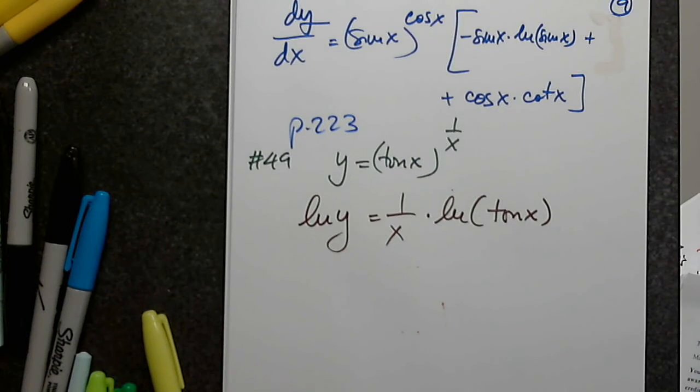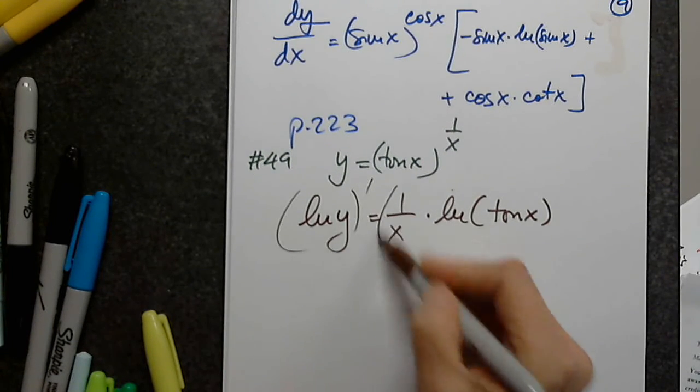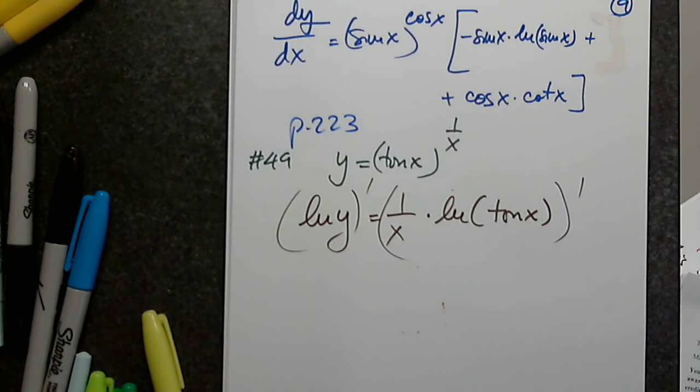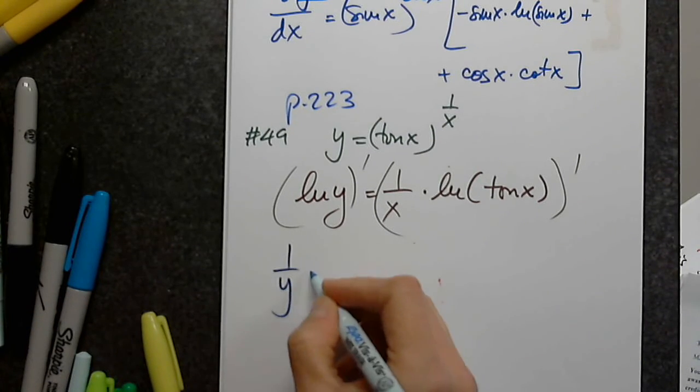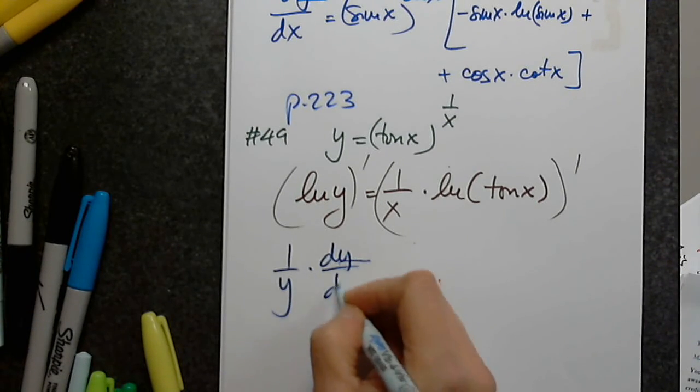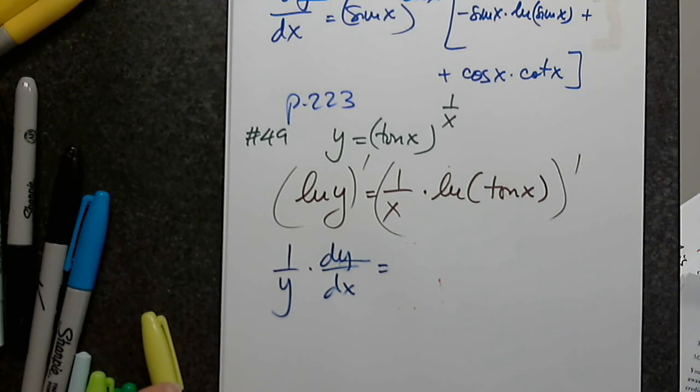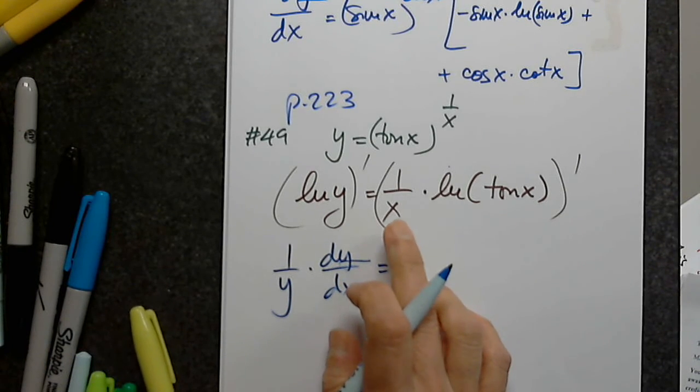Let's differentiate the left-hand side and the right-hand side. The answer will be the same. There is no doubt about it. The left-hand side is 1 over y, dy over dx, equals. Now remember, we committed to memory the derivative of 1 over x.